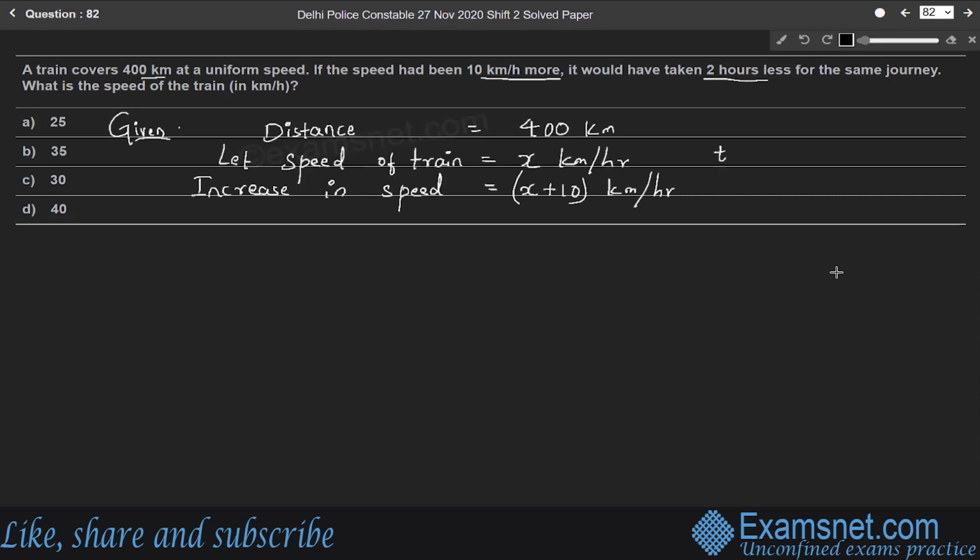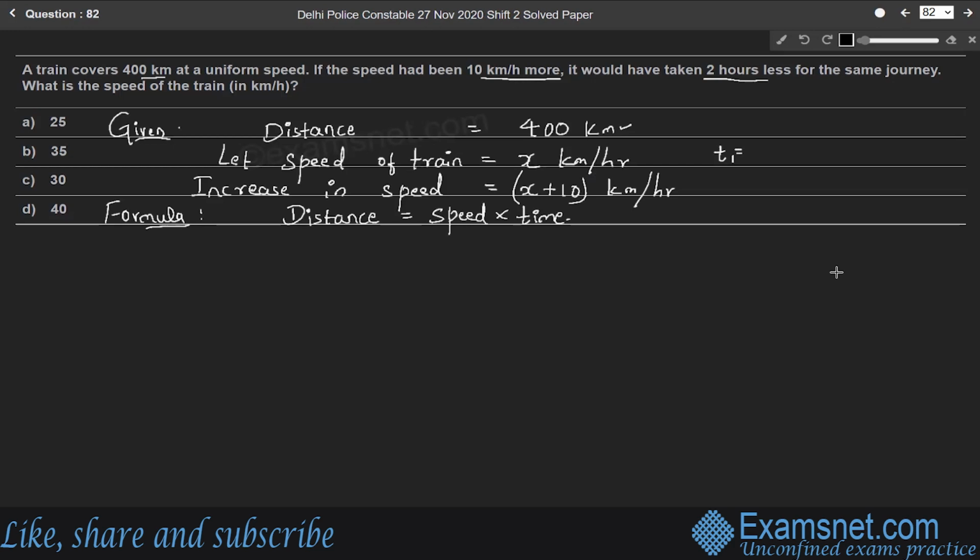The distance covered by the train is equal to speed into time, so time is equal to distance by speed.